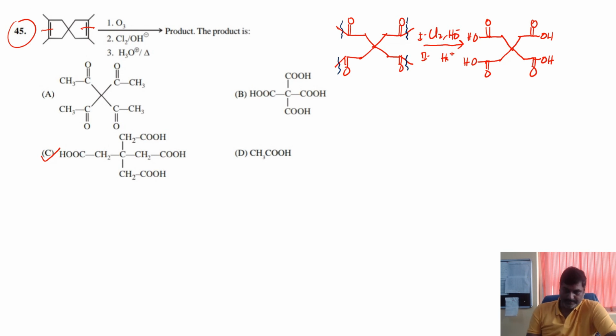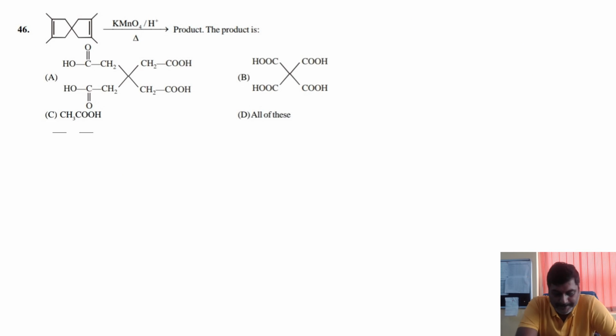Move to the next question, 46. Similar question, but that is treated with KMnO4, H plus. Okay, so that is also the oxidative cleavage. One thing, when a di-substituted double bond is oxidized, we get ketone only. So the initial product will be a similar one.